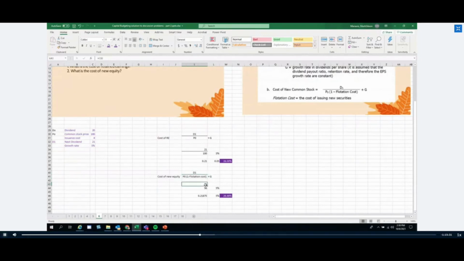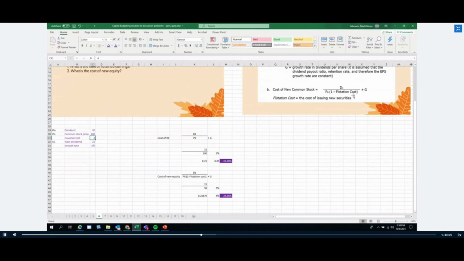Ito naman, parang puzzle na lang to. So we have the next dividend, D sub-1, which is 21. Ito ngayon, price now, P sub-0, 100, less the flotation cost. Flotation cost in this case is 4. Okay? Ito kasing formula dito class, 1 minus flotation cost.